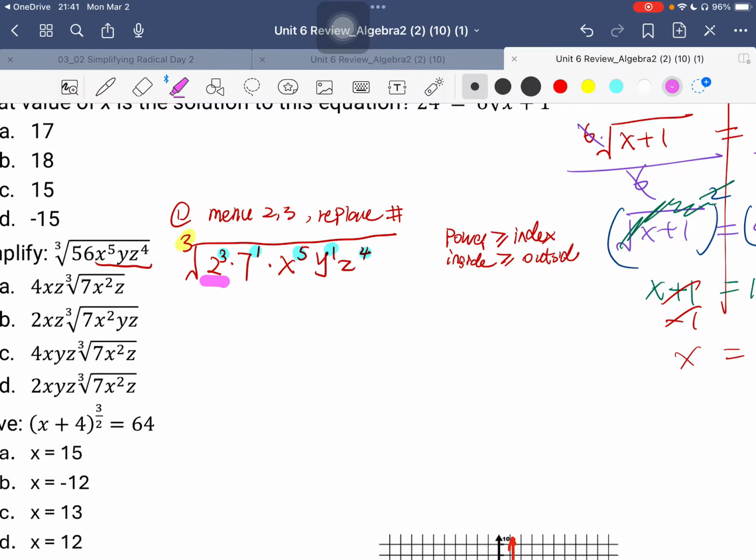Now I'm going to highlight the 2 to the 3, the 3 and 3, they are equal. And then x to the 5th, inside is greater than outside. And then z to the 4th. For inside greater than outside, I'm going to take them out. They're going to be both inside and outside. So they're going to form groups.